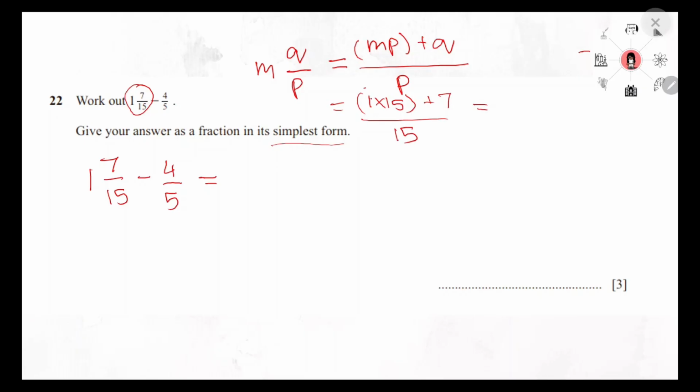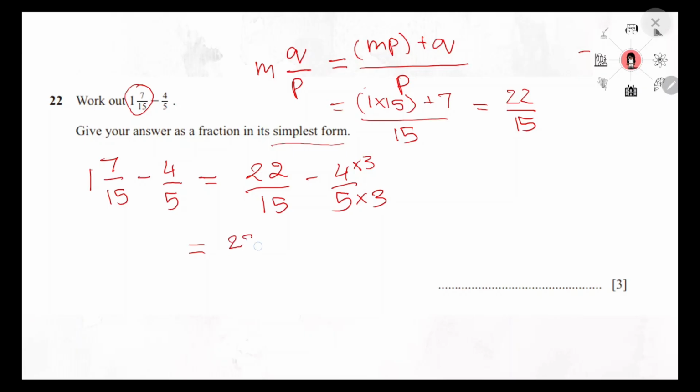So we'll get 15 plus 7, that is 22 by 15. So 22 by 15 minus 4 by 5. Now we have to make the denominators the same. To do that, we'll multiply 3 to the numerator and denominator of 4 by 5 to convert the denominator into 15.